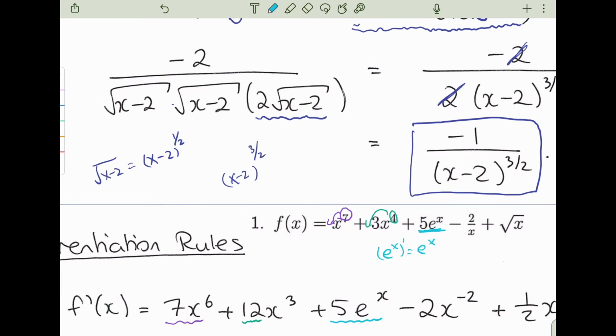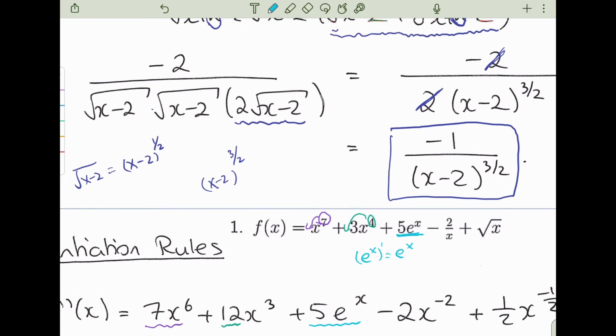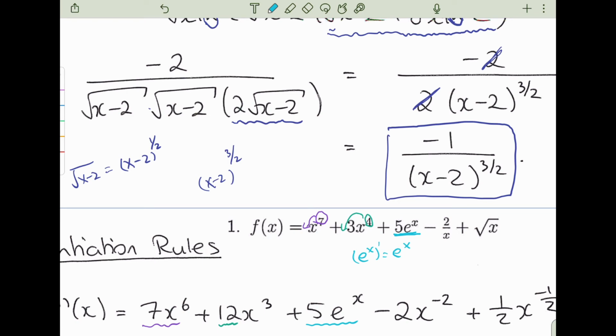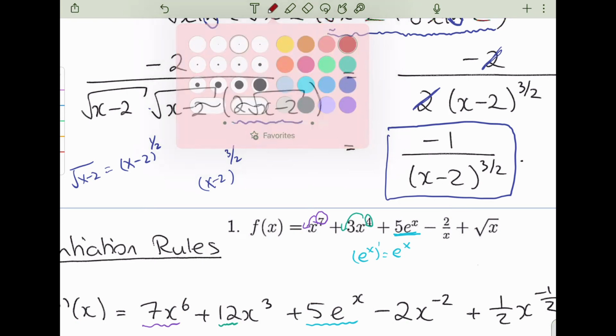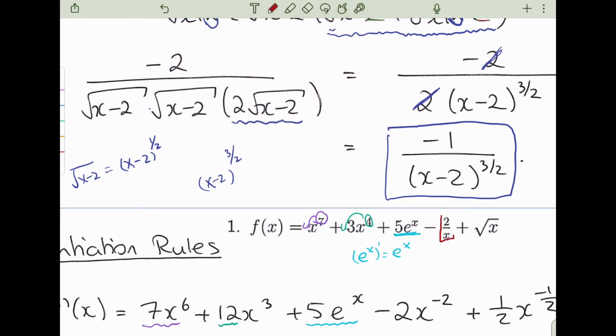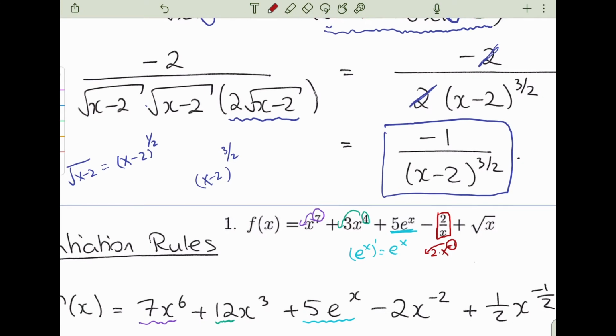And the next one here, this term, can be thought of as 2 times x to the negative 1, right? So this negative 1 goes down, multiplies with that 2, so it becomes negative 2.